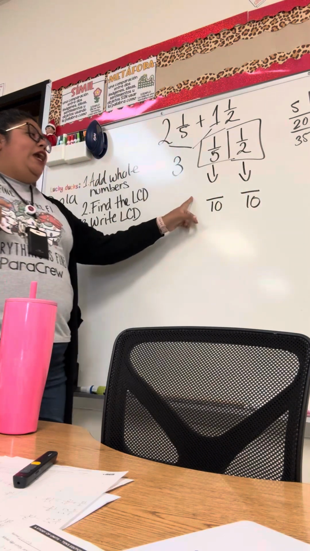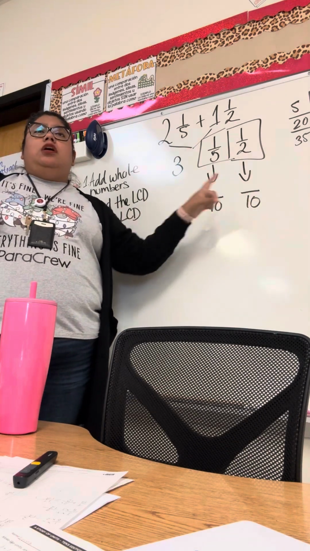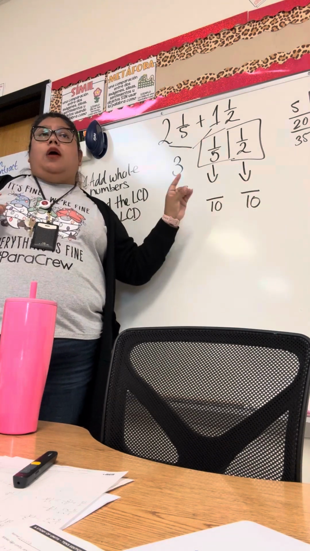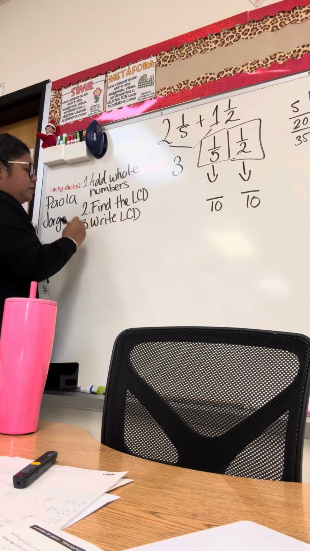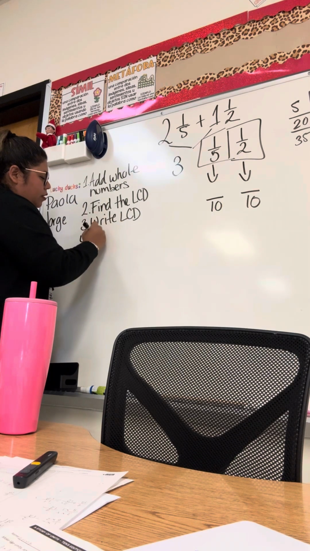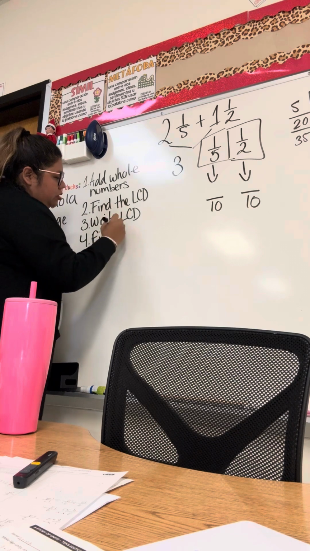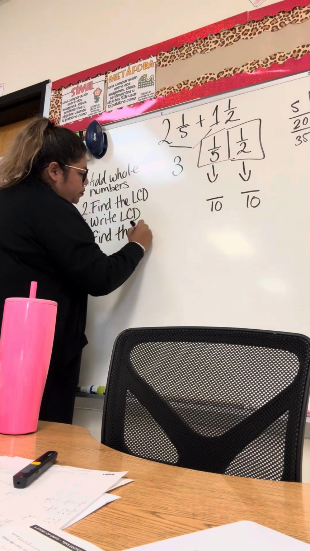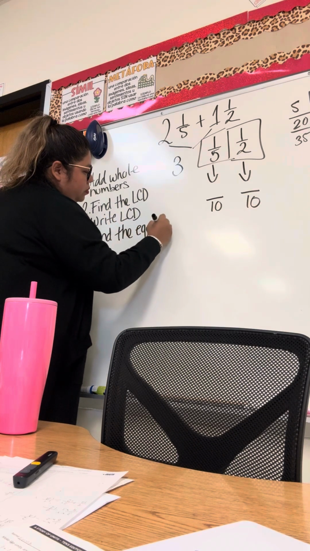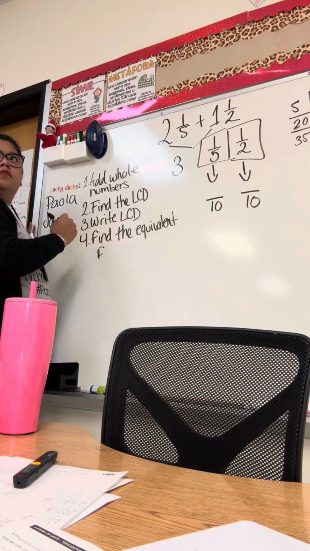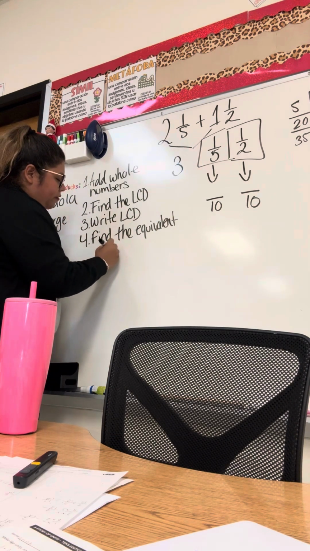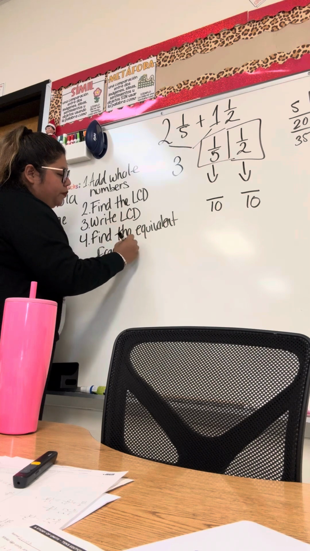How do we find the numerator that goes on top? We're going to multiply, and that's us finding the equivalent fraction. Okay?